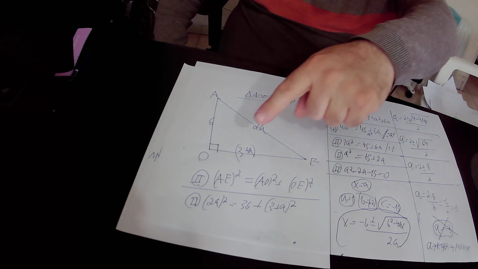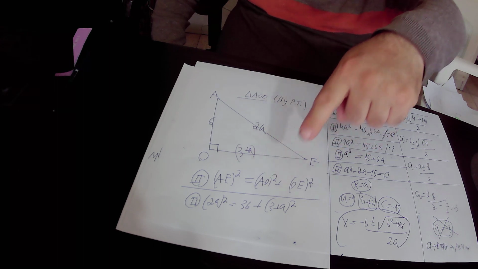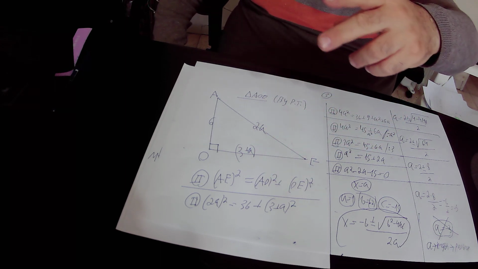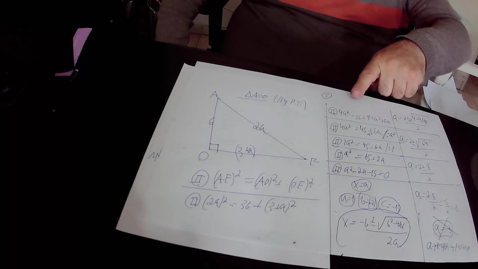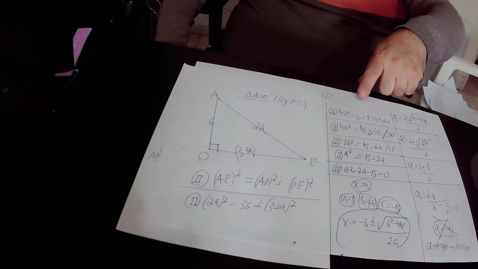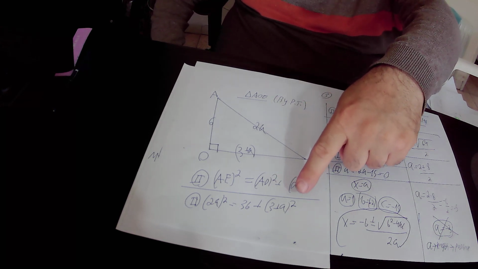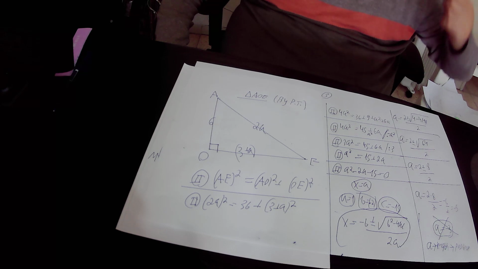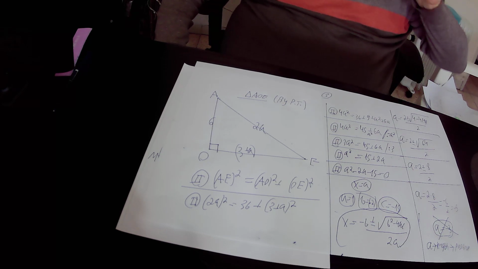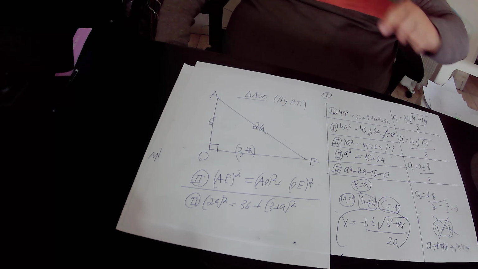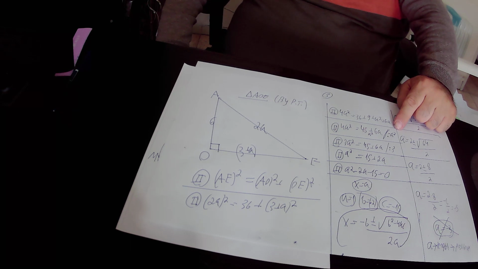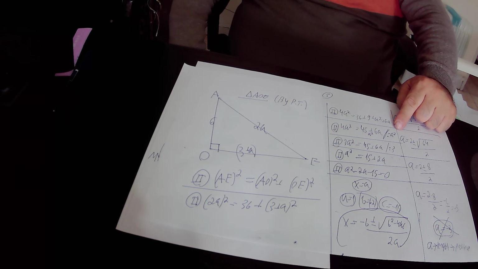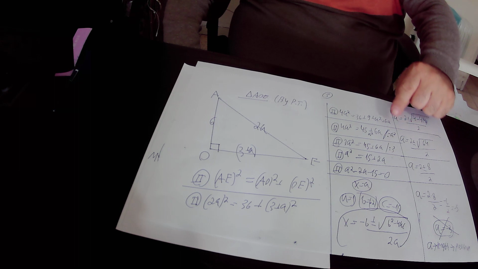Here, we open the brackets on both sides of this equation, equation number 2. (2A) squared is 4A squared, and that equals 36 plus (3 plus A) squared, which is 3 squared, that is 9, plus A squared plus 6A. Then we subtracted A squared from this equation and found that 4A squared minus A squared equals 3A squared.